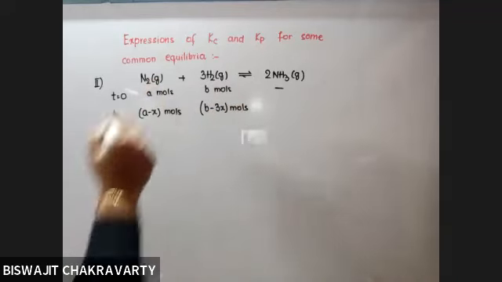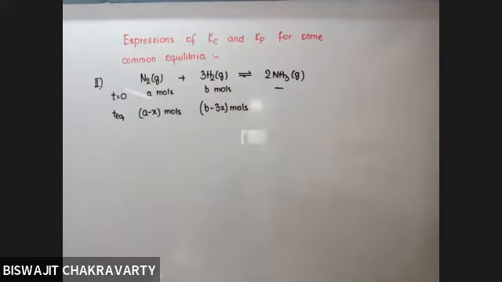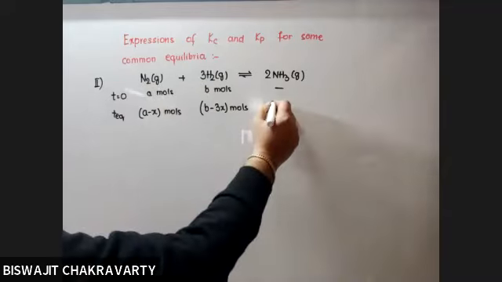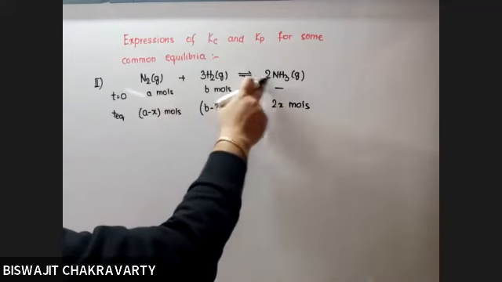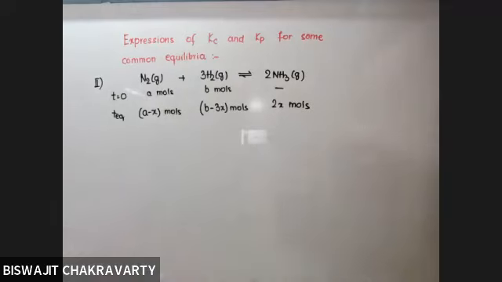Because the molar ratio is 1:3. So if nitrogen reacts by x moles, hydrogen will react 3 times more, because the ratio says so. And under NH3 we write 2x. So check whether this ratio matches. The 1:3:2 ratio must be present.